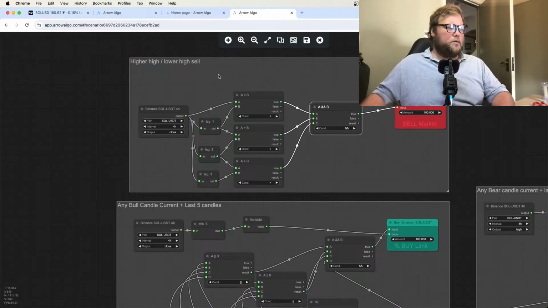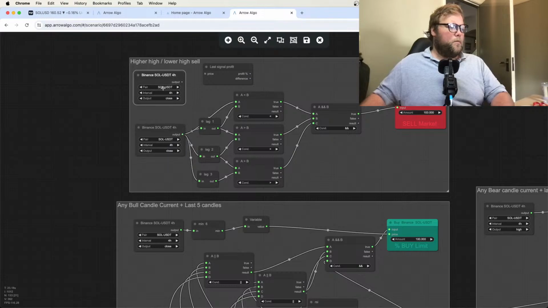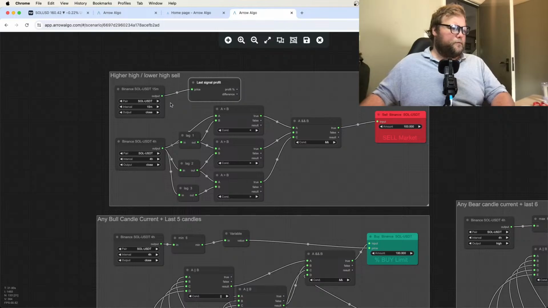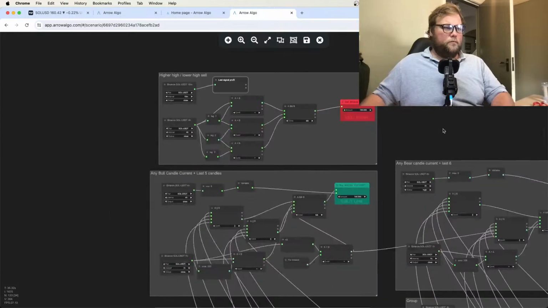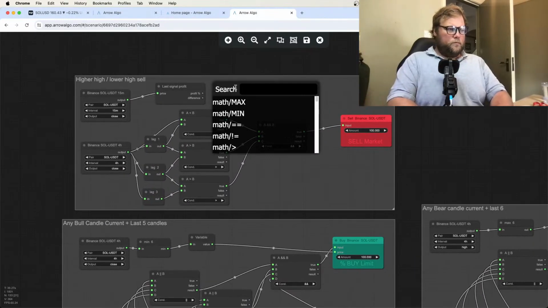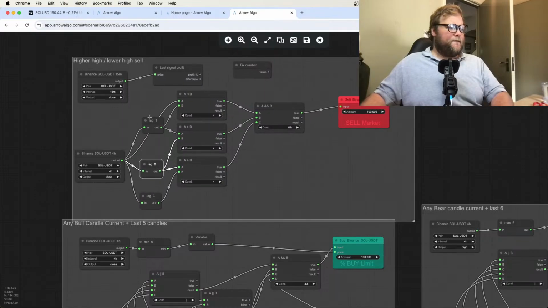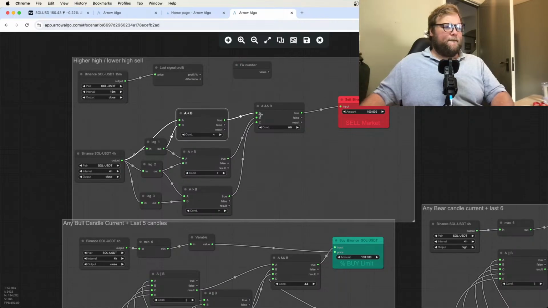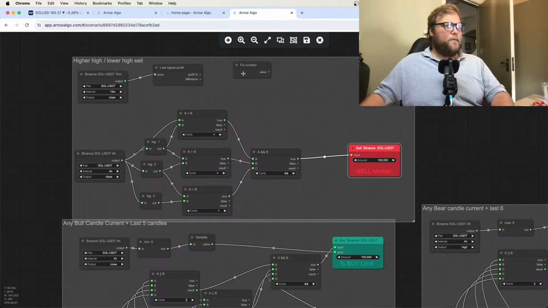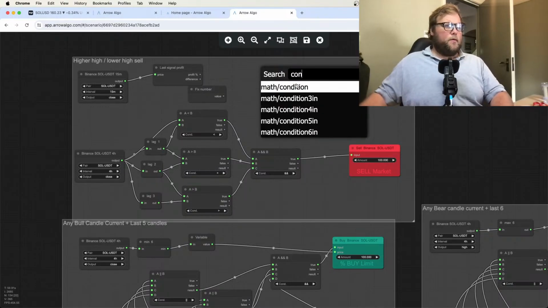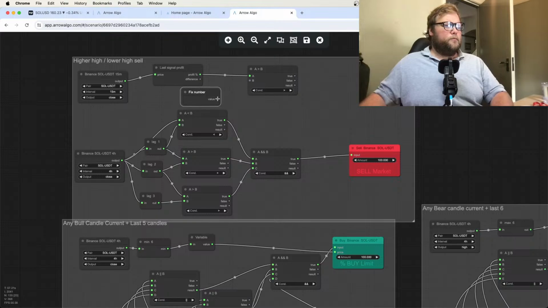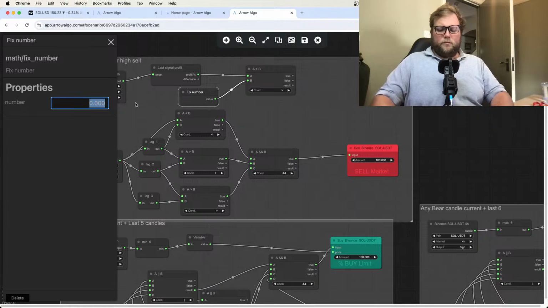So we'll add another condition here that says, again using our lost profit block and our fixed number block, and we're going to check that the profit is more than 1.5%.